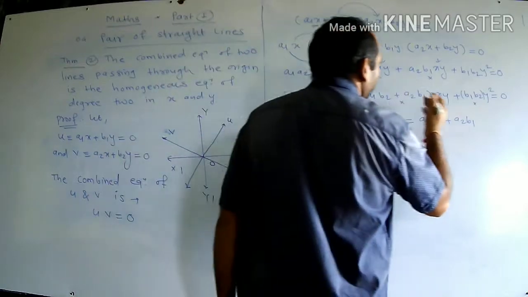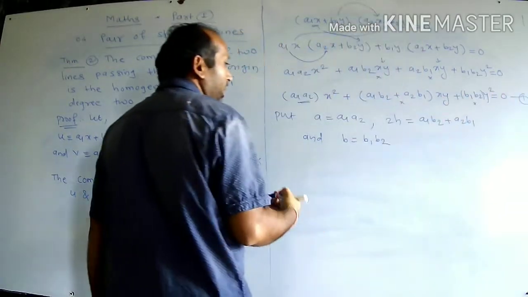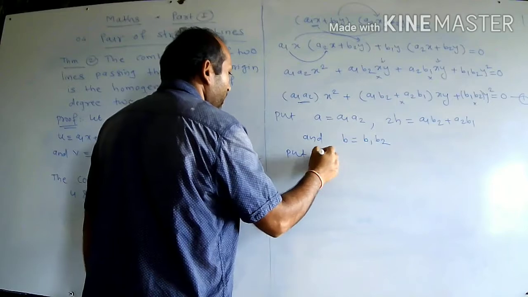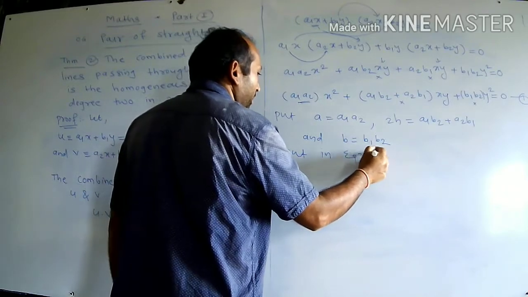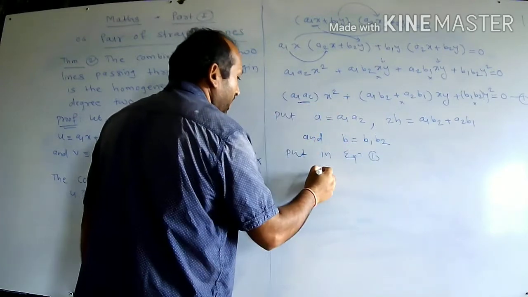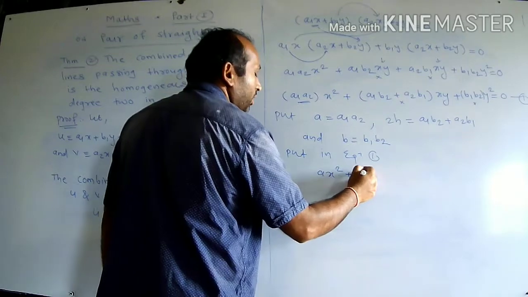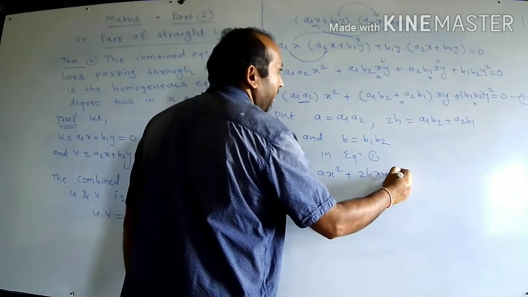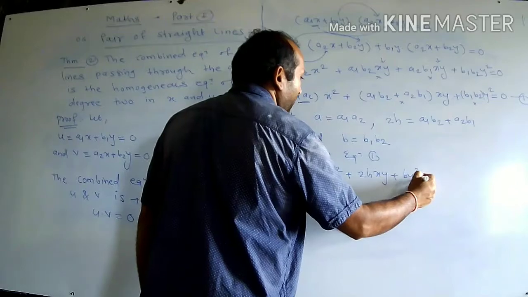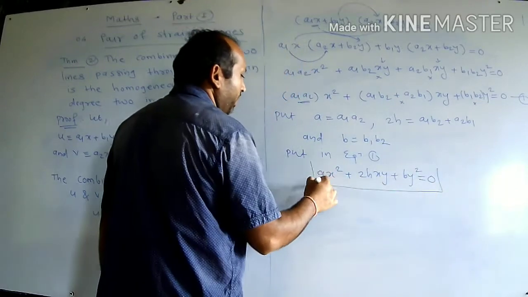Therefore this equation becomes, we can give the number also, number 1. Put these values in equation number 1. So this equation 1 becomes ax square plus 2hxy plus by square is equal to 0.